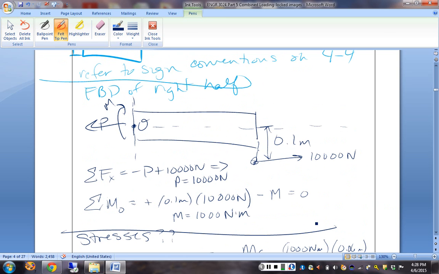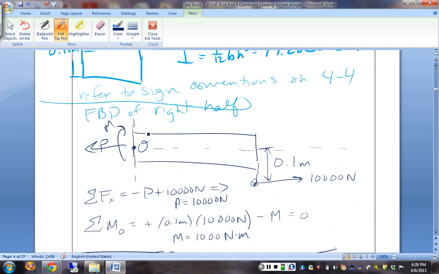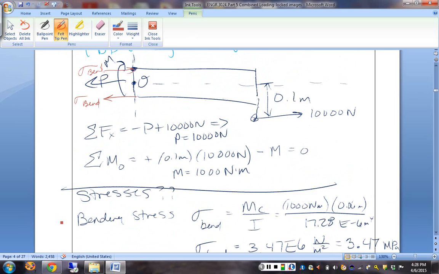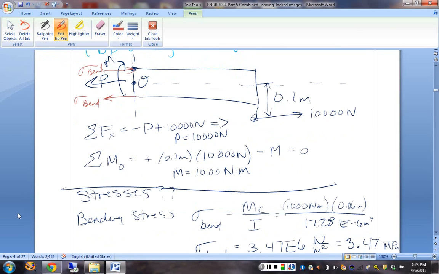And that's going to be compressive or tensile here at the top. Okay, let's say we've got sigma bend here and sigma bend here with a magnitude of 3.47 megapascals. All right. What else do we have?